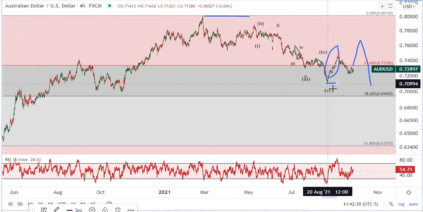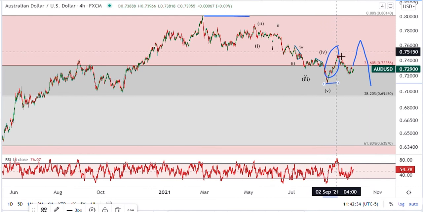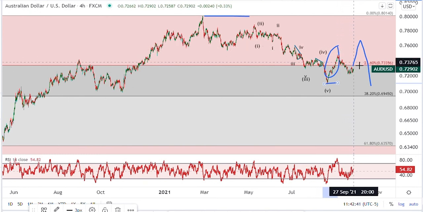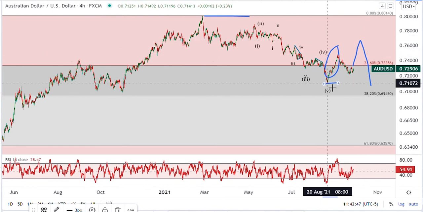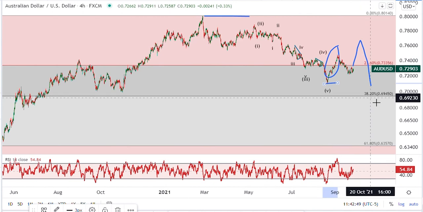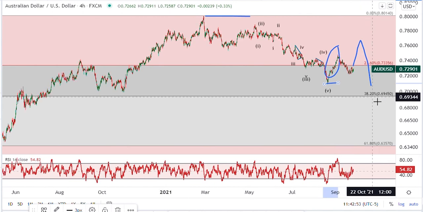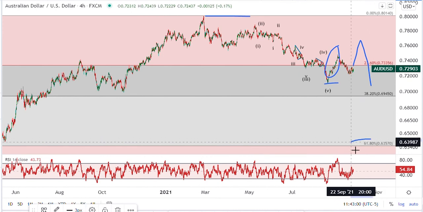But as I shared with you earlier, this ABC move off of the August low is putting a little headwind into this new uptrend. And so what I think we're going to see happen is we will get another leg higher, probably up to the 77 cents, and then we'll come back, retest this 71-cent low, possibly work ourselves back down into the 69 area, the 38% retracement level. Who knows, maybe we could even see some deeper levels down here near the 61%.